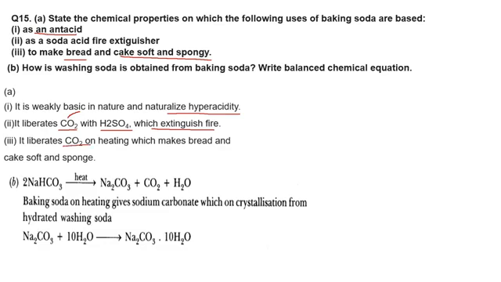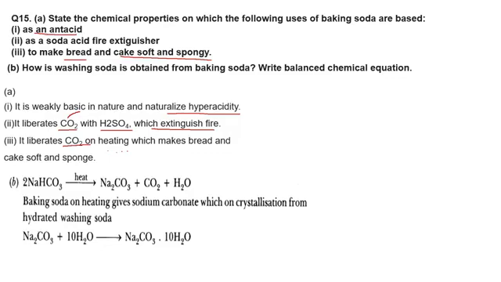When you add baking soda and heat it, carbon dioxide is released from the bread or cake, and when it is releasing, it makes holes in the batter, which makes it more spongy.